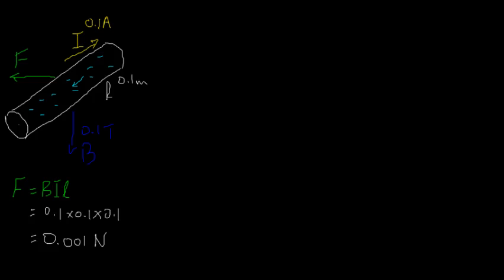To calculate the number of electrons in here, we need some more information. First, we need to understand that each iron atom gives one free electron. So that's our first understanding, and this means that if I know how many atoms there are altogether in this rod, then I would also know the number of free electrons.